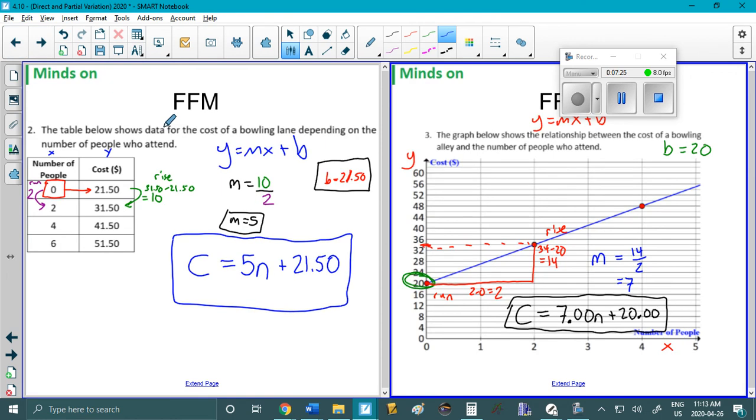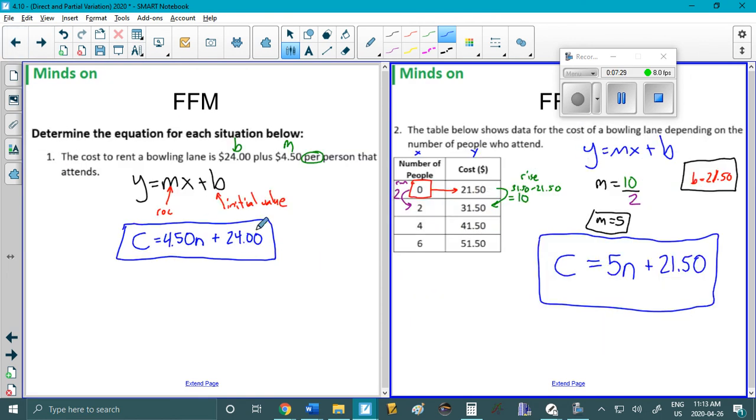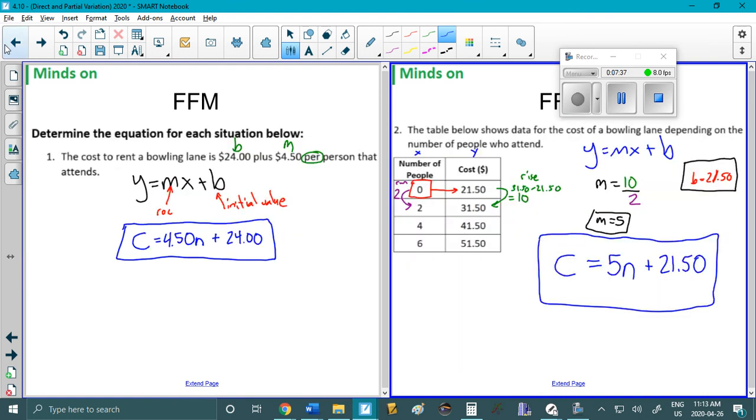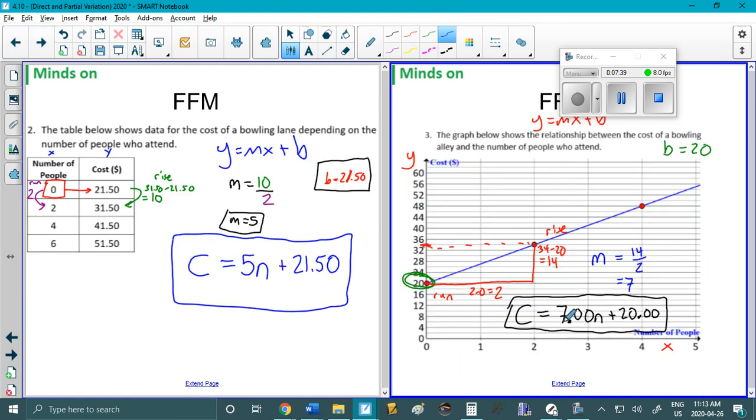And then the last one costs $20 to get in. This is the cheapest place to go just to get in, but then look at the cost per person, $7. So you can see that the third one actually would add up really quick. But if you're going by yourself, I don't know, which place would you go?